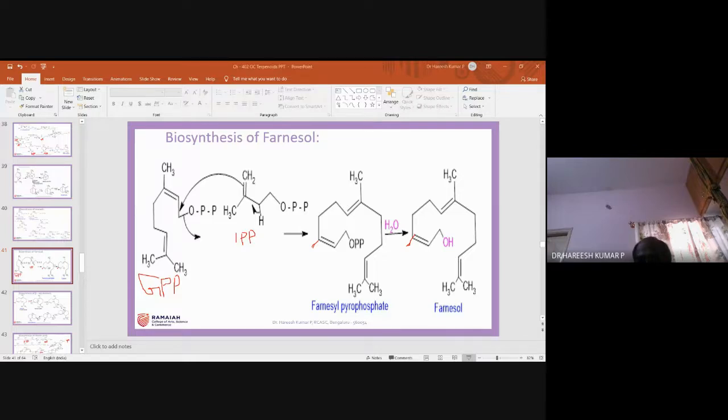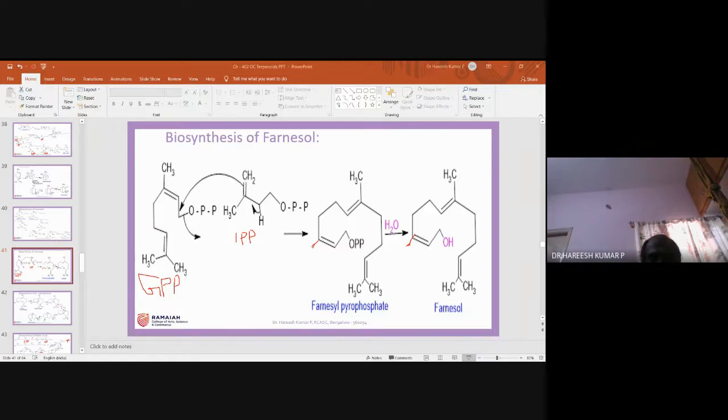This picks up a proton, and that is how a carbocation is obtained. When this carbocation undergoes a loss of proton, it forms beta eudesmol. So this is how beta eudesmol is obtained. With this I will go to the next slide.